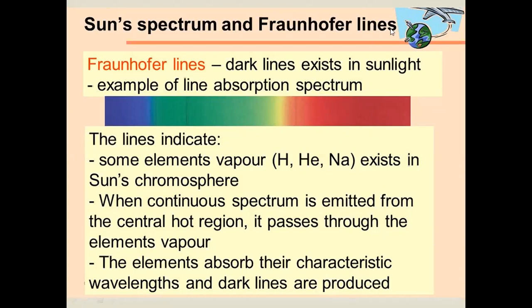That cold region will absorb certain radiation, and only then we get the spectrum here. So these elements are the reasons behind the absorption. So the solar spectrum or Fraunhofer lines help us find the elements that are found in the sun.